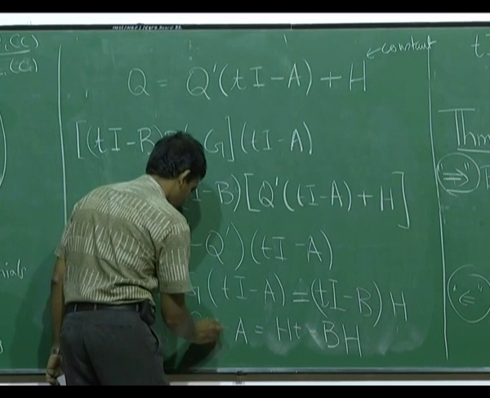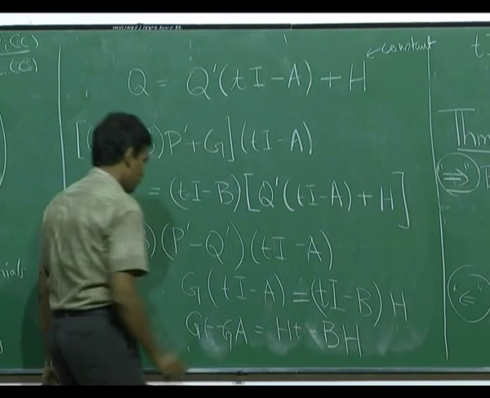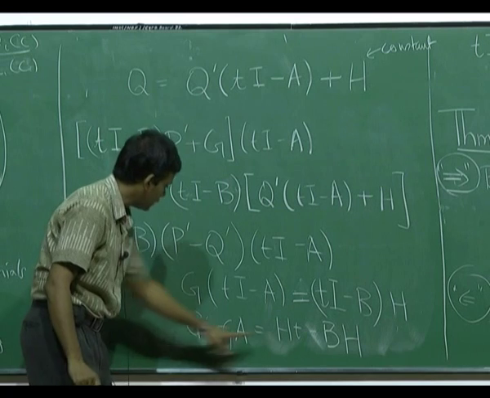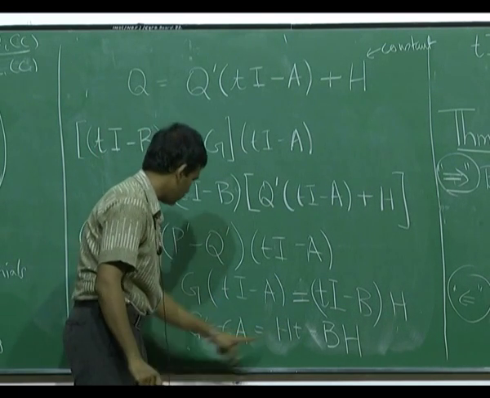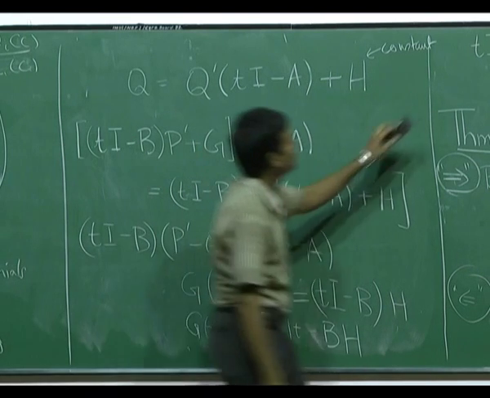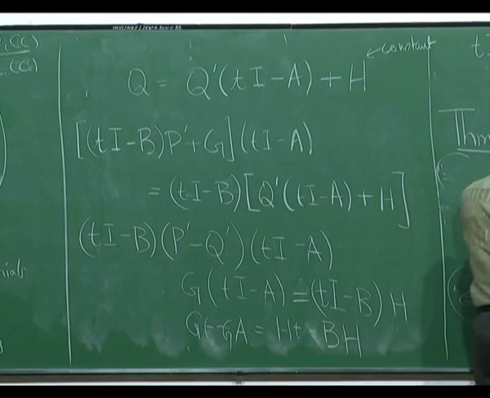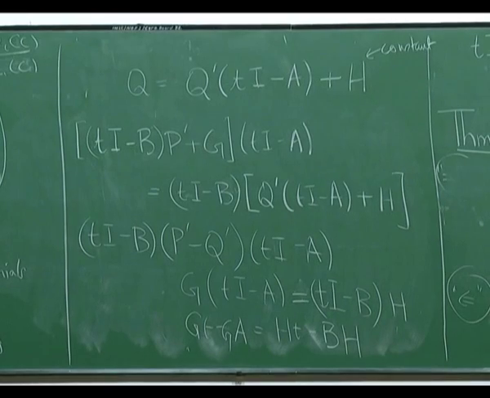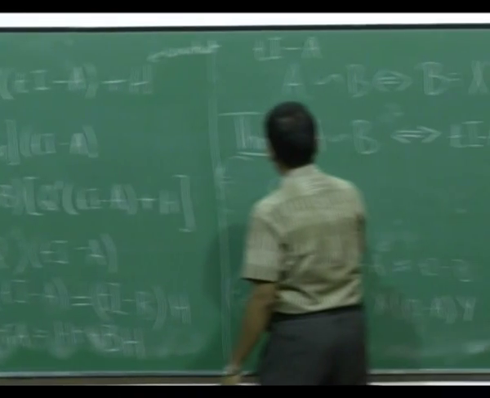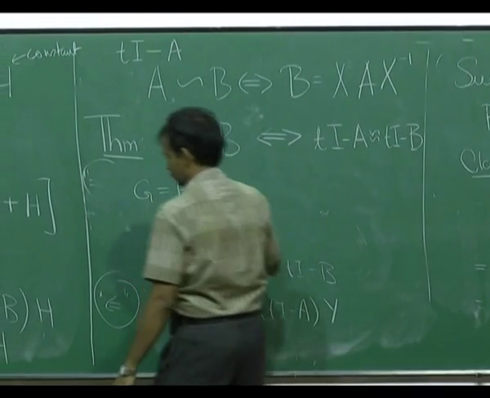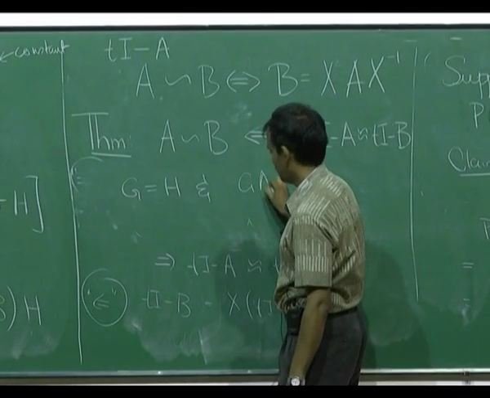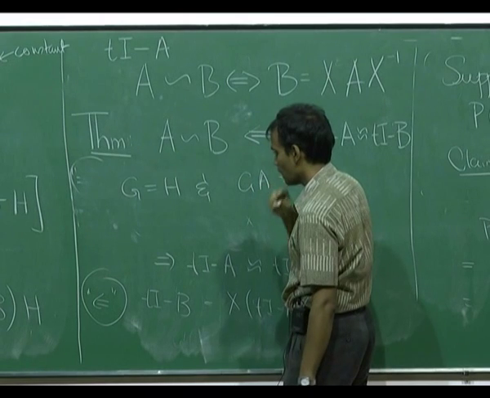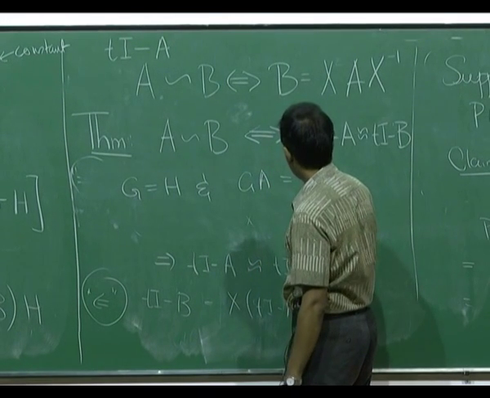GA, yeah, good, I want this. So what we get is G is equal to H. So I can write G is equal to H and GA is equal to BH.